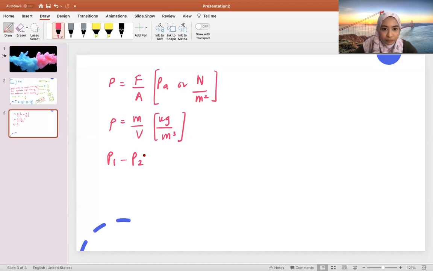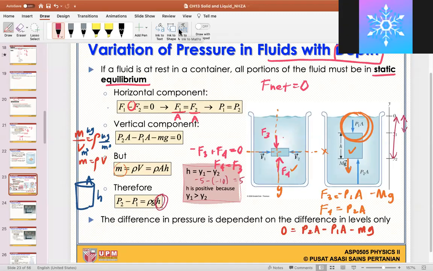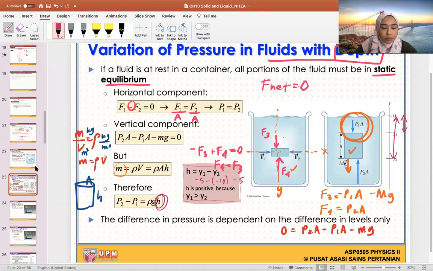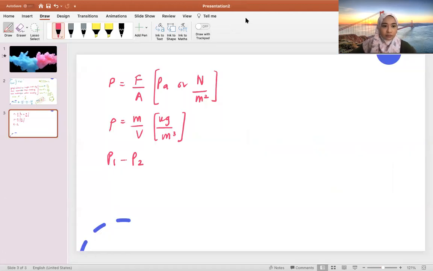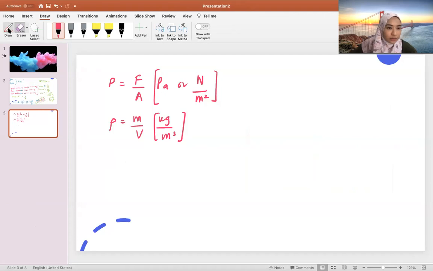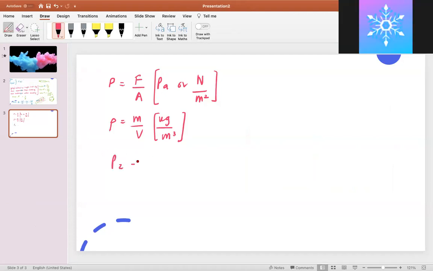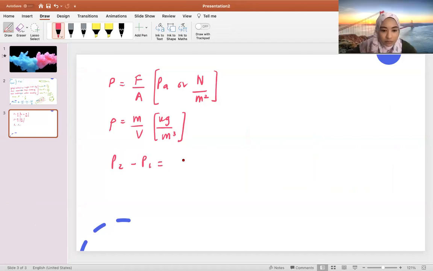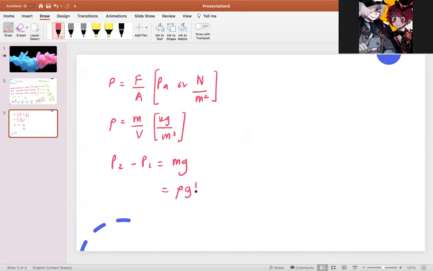Top is P1, bottom is P2. So P2 minus P1 minus mg is equal to 0. So it is equal to mg, or rho g h.